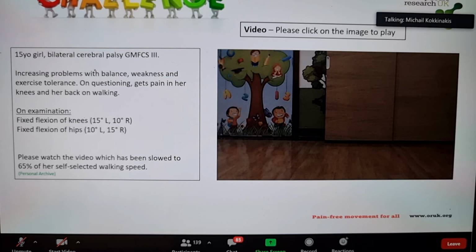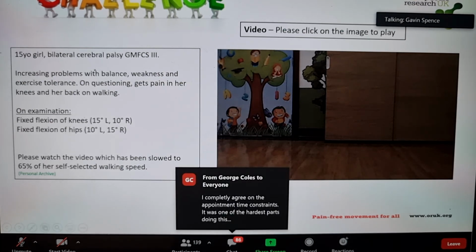Gavin, post-op rehabilitation after single event multi-level surgery. Yeah. One of the issues with the research is that there is often no standardization of such protocols. We don't all agree on what rehabilitation is required.